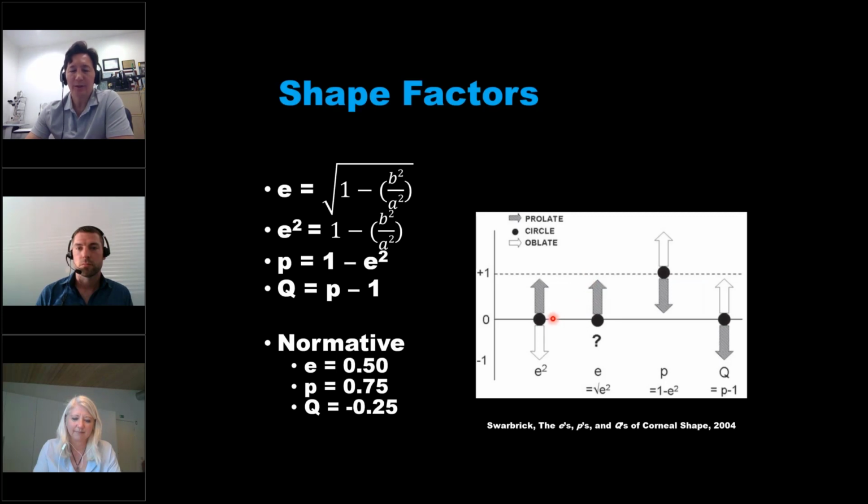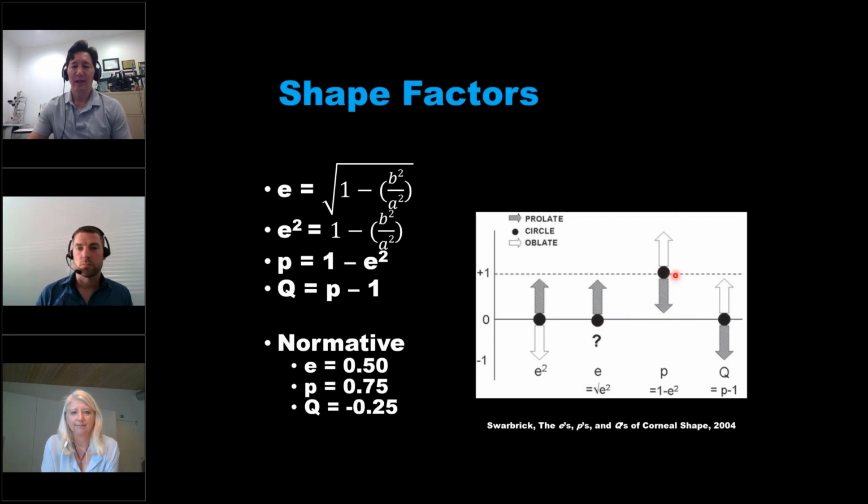E squared can describe the prolate eye as well as the oblate eye, with zero being a sphere. So this is helpful because if you're trying to appreciate how oblate a post-LASIK patient is, you can use the E squared value.